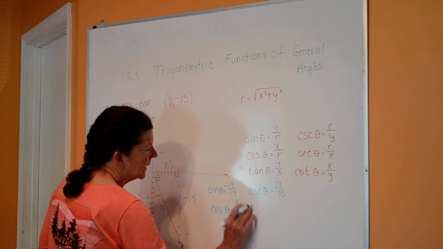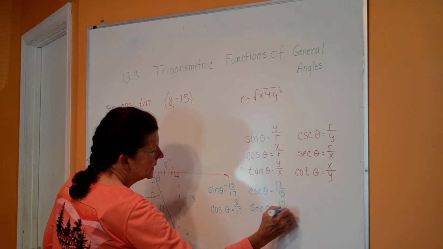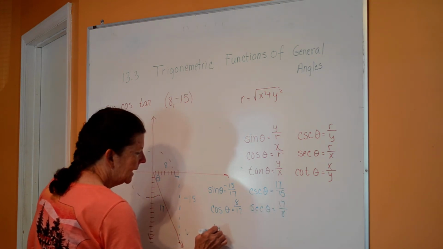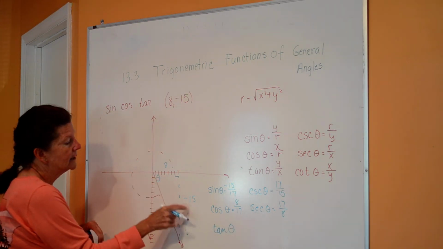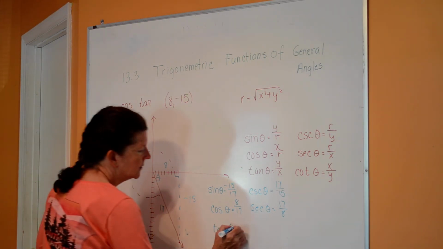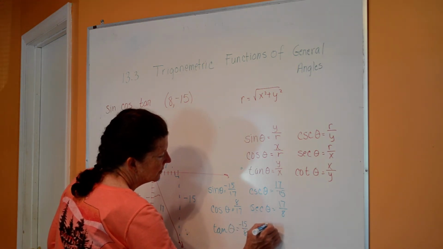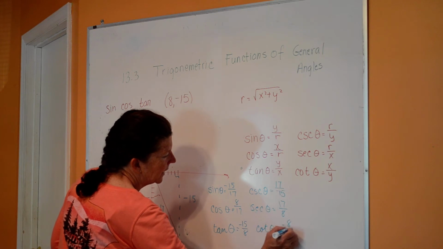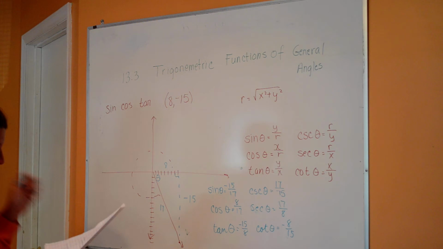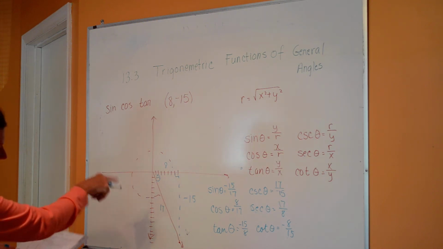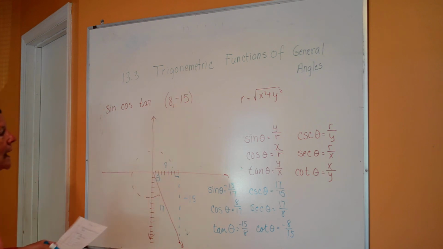So my secant of theta is going to be 17 over 8. My tangent of theta, remember I'm standing here, is opposite over adjacent, so negative 15 over 8. And the cotangent then is going to be negative 8 over 15. So those would be your 6 trig functions based on this triangle, this line that goes through 8, negative 15.